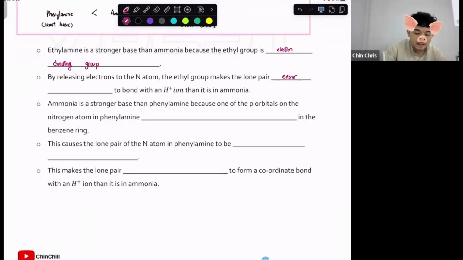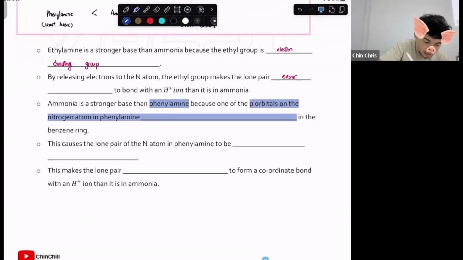Ammonia is a stronger base than phenylamine. Why? In phenylamine, the p orbitals on the nitrogen atom overlap with the delocalized pi ring system in the benzene ring.